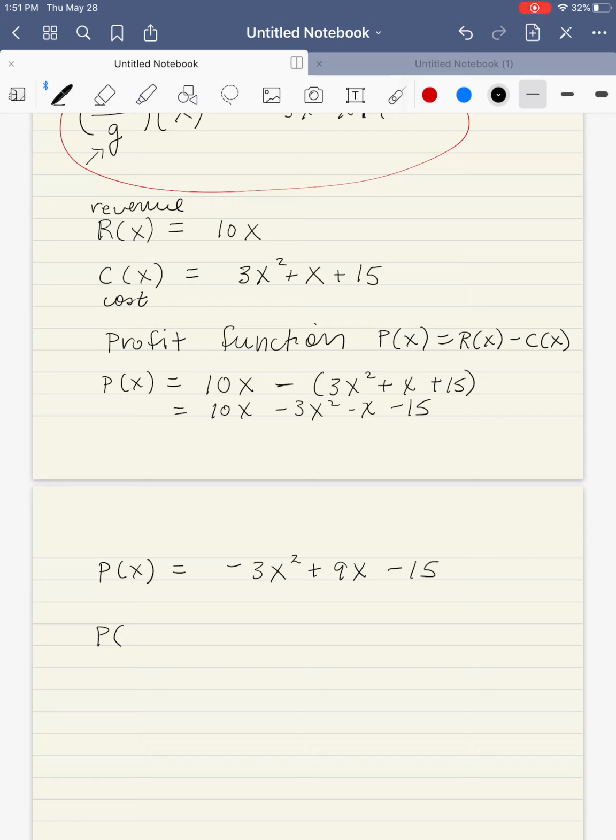And then if I wanted to find the profit of producing and selling, for instance, 5 units, I could plug in and find the profit from producing and selling 5 units.